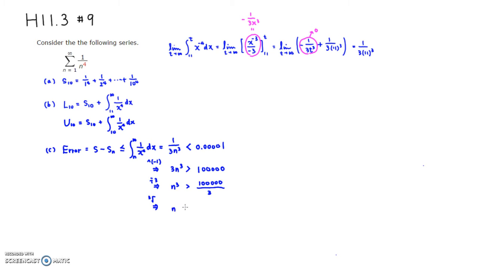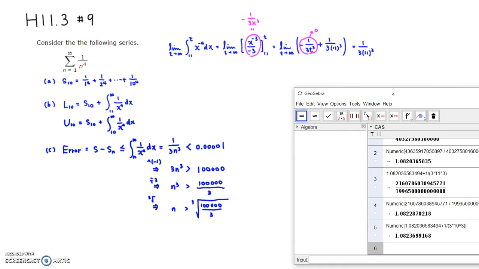So n is going to be larger than the cube root of 100,000 divided by 3. Let's compute this value using GeoGebra.